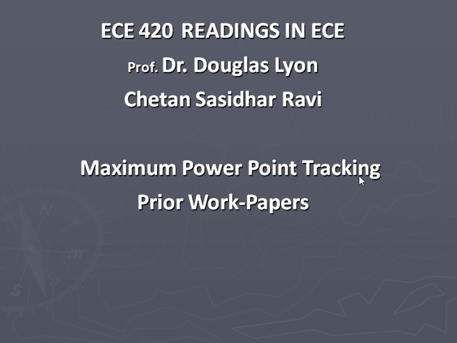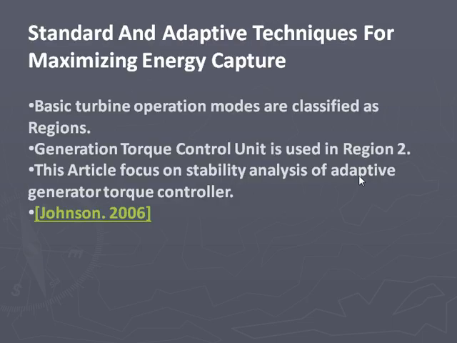Hi everyone. My presentation is about maximum power point tracking. This is the first paper, standard and adaptive techniques for maximizing energy capture. Basically, the operation of turbines is divided into three regions: region 1, region 2, region 3, and this paper is mainly focused on region 2.